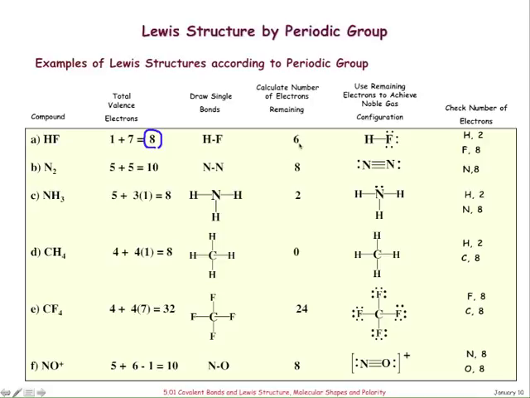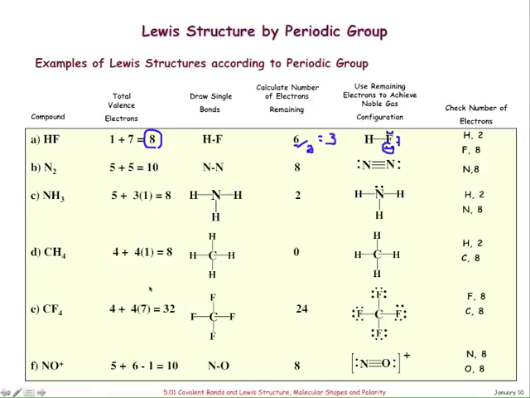And the number of unpaired electrons is 6. 1, 2, 3, 4, 5, 6. 6 divided by 2 is 3. And so that's the number of lone pairs. And you can see these are lone pairs. Why are they called lone pairs? Because they're alone and they come in pairs. So that's the Lewis structure of HF.